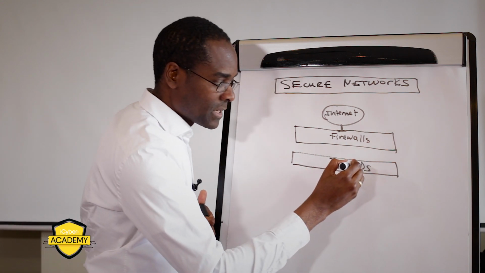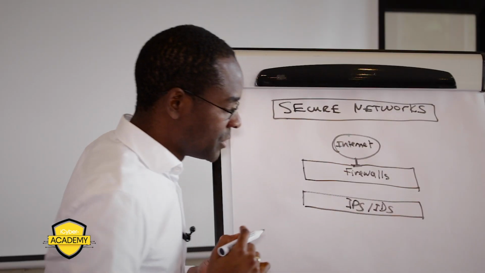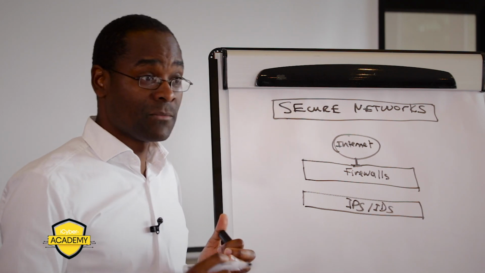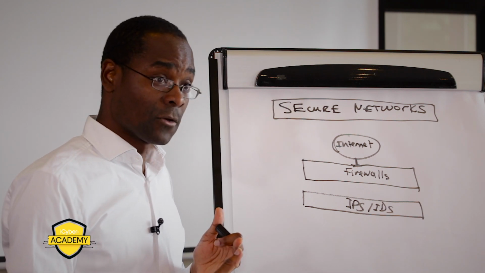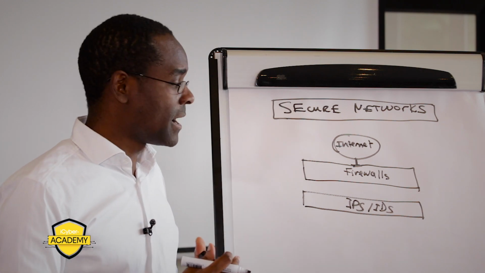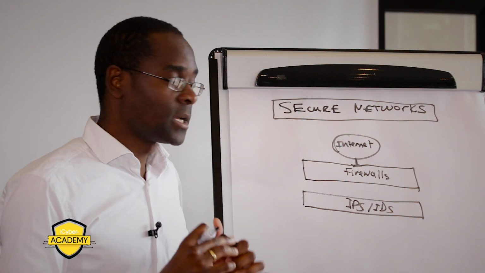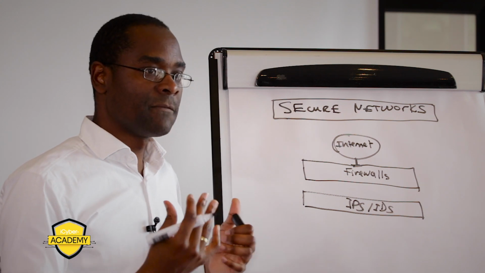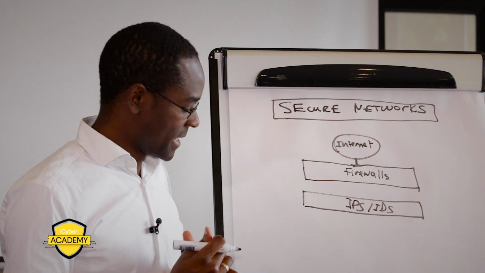So the IPS gives us the ability to look at traffic coming through our network. We're scanning for malware, sometimes scanning for specific patterns. And some IPS/IDS even offer rules where we can look at the behavior of the traffic before deciding something is good or bad.